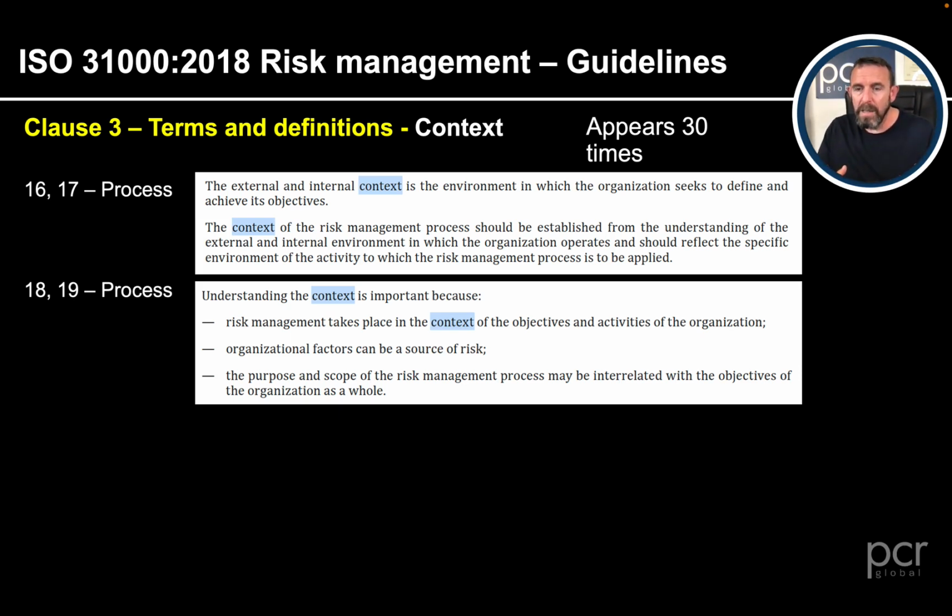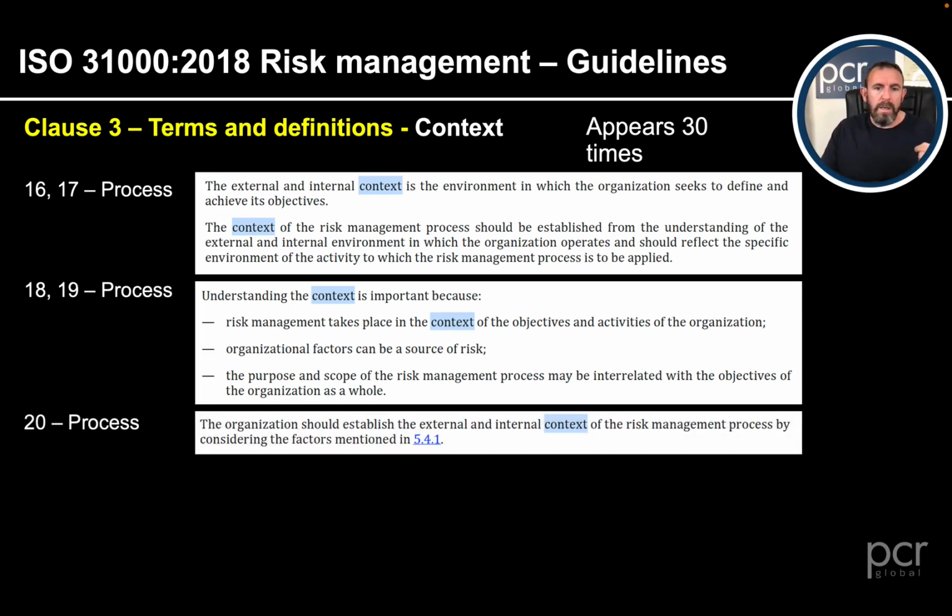However, the internal context, people, processes, vision, values, structure, X, Y, and Z, is going to impact how well we do risk management. So it is critical that we understand our internal context, because they are sources of risk as well. As it says there, organisational factors can be a source of risk, definitely are a source of risk, because it's either opportunities or threats.